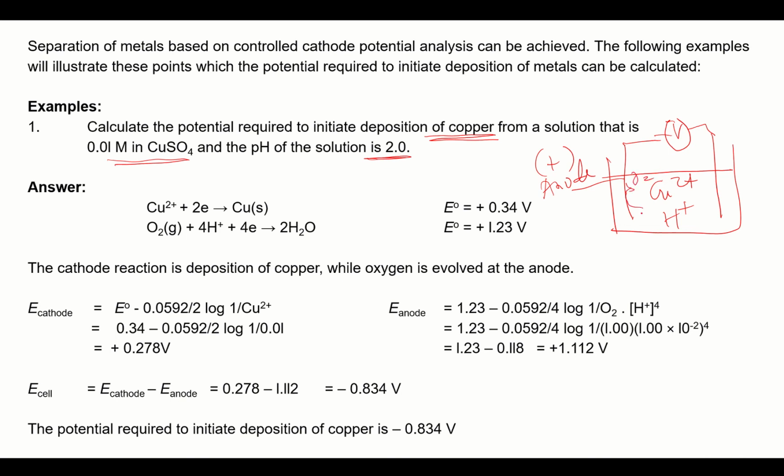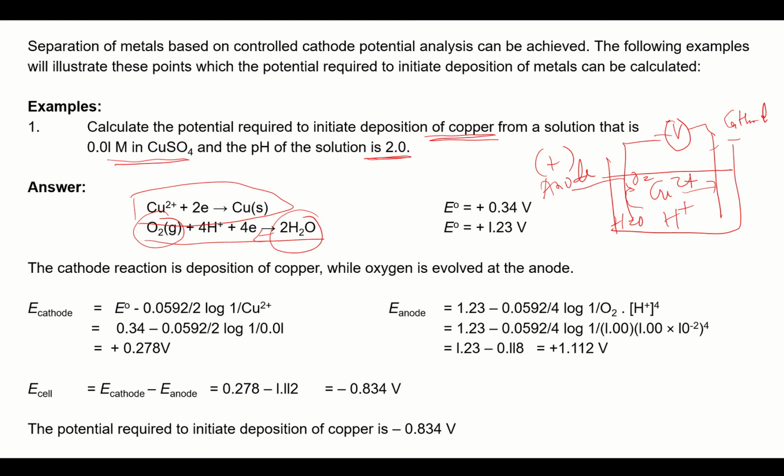Water will oxidize to oxygen at the anode through this reaction. At the cathode, the deposition of copper. In this process, copper will reduce.